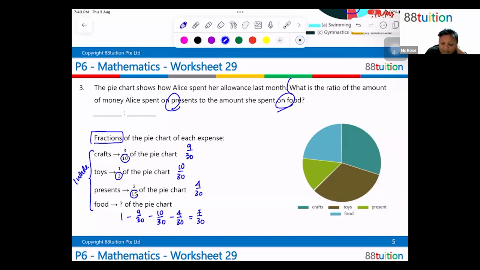Since the total is 30, presents is 4 and food would be 7. Okay, all right, got that?